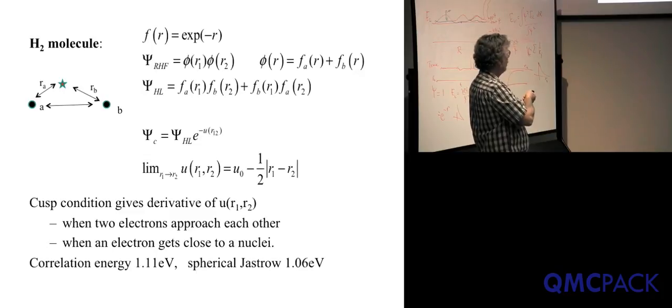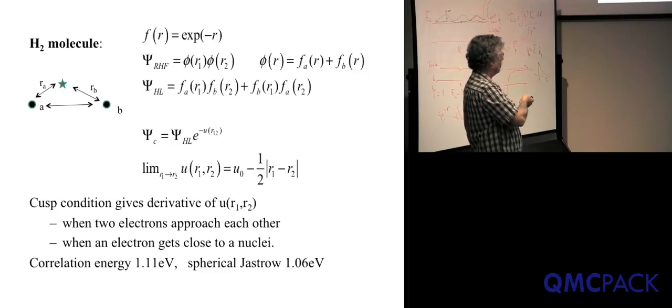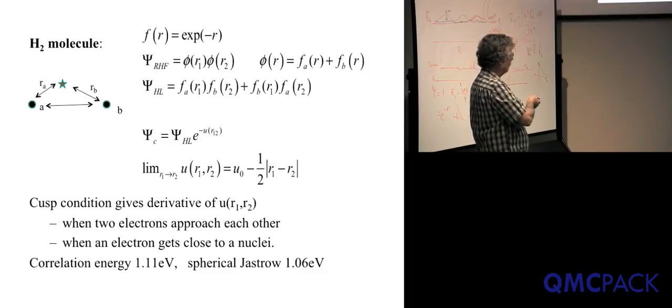If you do the simplest approximation to U, that is, you just assume that U is a function of R12, a spherical Jastrow, you recover 1.06 eV. That is the simplest approximation that correlates these two electrons together. So you're getting about 95% of the correlation energy that would be missing, say, in Hartree-Fock or density functional theory.